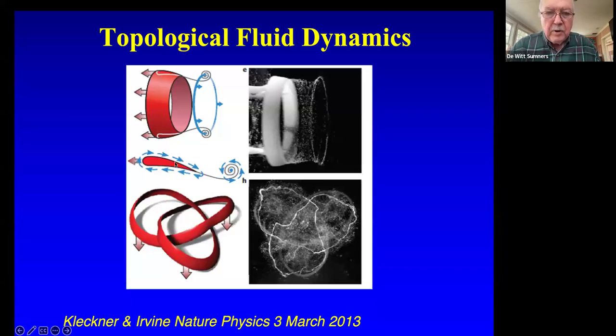You coat them with bubbles, and then you pull them down quickly, and out comes a vortex tube, and the bubbles go to the middle of the tube and can be visualized with laser sheets. So you can see the time evolution of these vortex tubes. The unknotted one just keeps going to the right here. Nothing much happens. But this trefoil knotted one twists itself up and reconnects, as you'll see in the video from the Irvine lab.